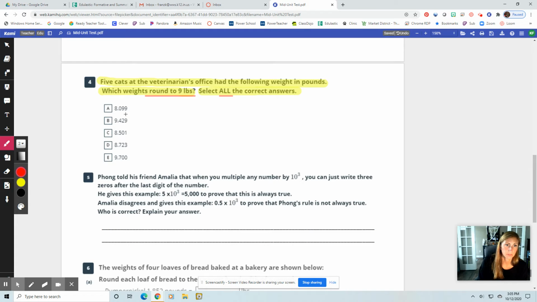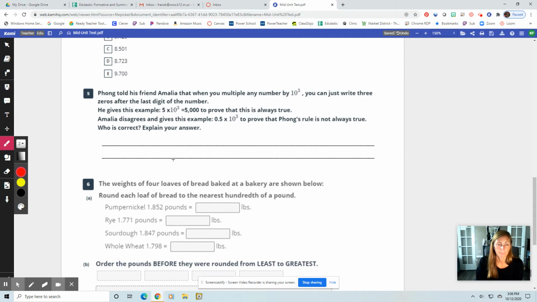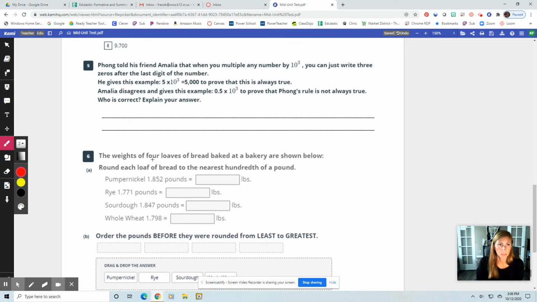Okay, so you need to round each of these options to the ones place value so that you can see if it becomes a 9. Do that now, and you can pause and then move on to number 5.